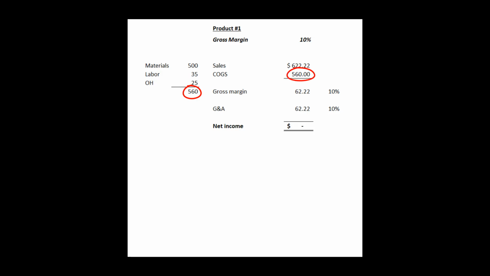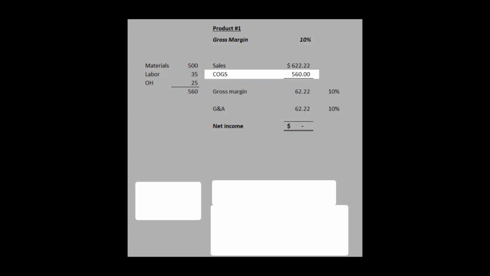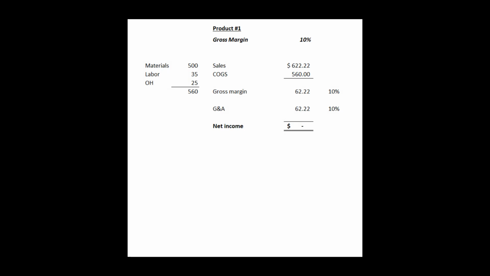So based off of that, we're able to back into what our minimum sales price needs to be for us to theoretically break even on this product based on G&A as a percent of sales. So in here, we can do a calculation of taking the cost of goods sold, this amount of $560, and divide it by 1 minus the gross margin of 10%, which obviously is going to equal 90%.